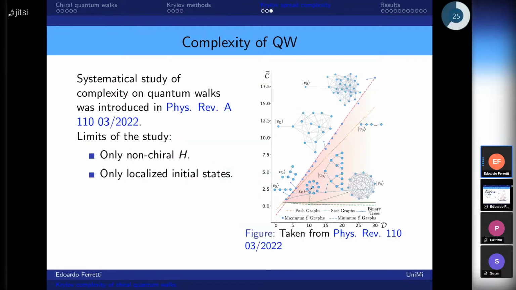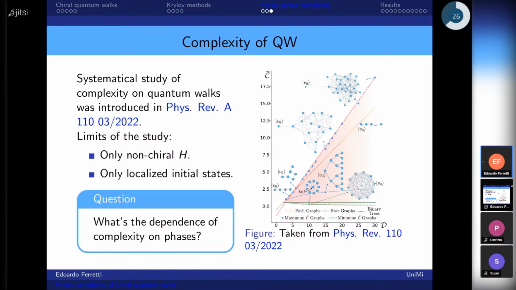And since it was introduced for operators, only recently it was studied on quantum walks. It was studied very extensively in this work in 2022.